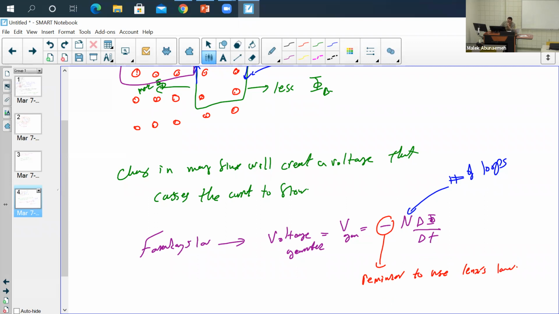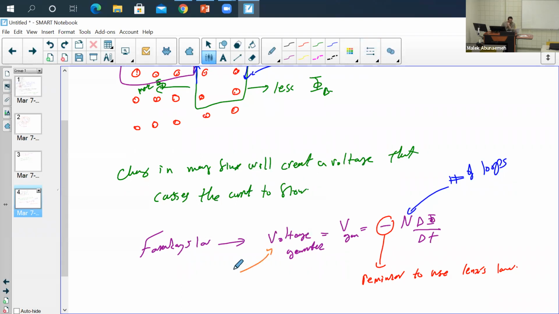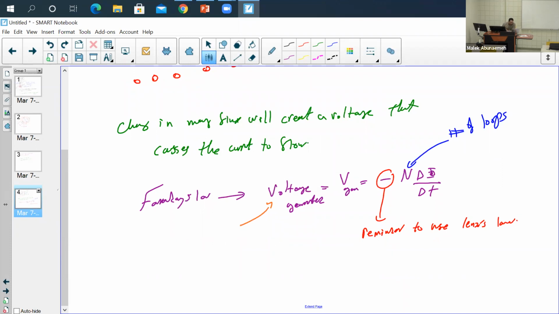Now, what is Lenz's law? Before I go with Lenz's law, let me just mention one more thing, that this voltage generated is actually an electromotive force, which we call EMF, which sometimes is the average electromotive force induced voltage, which we're going to get back to in just a second.